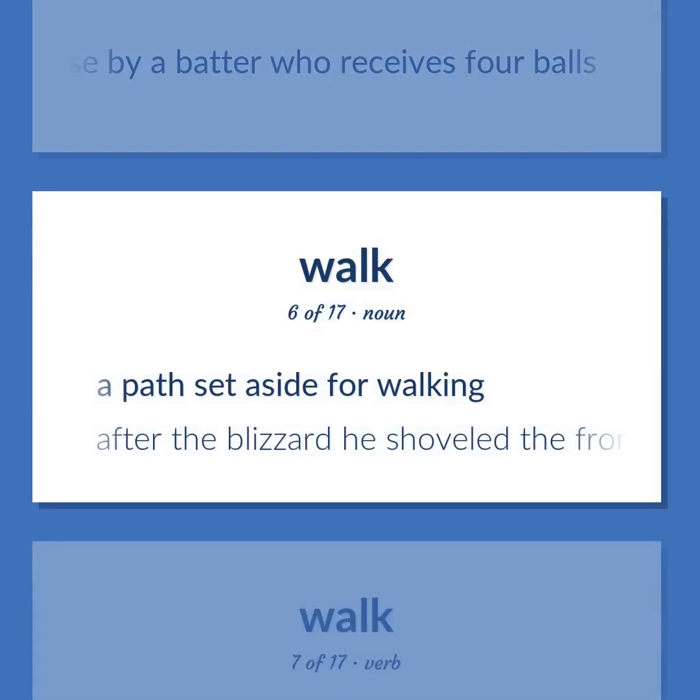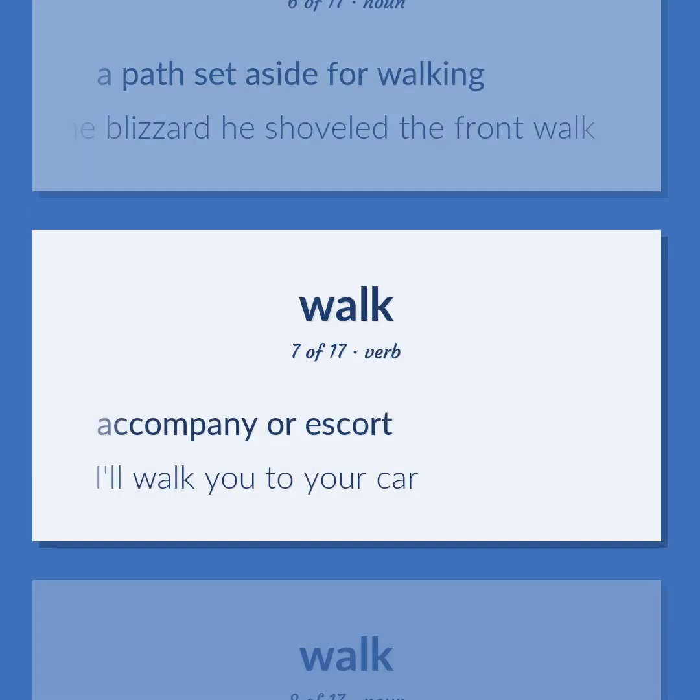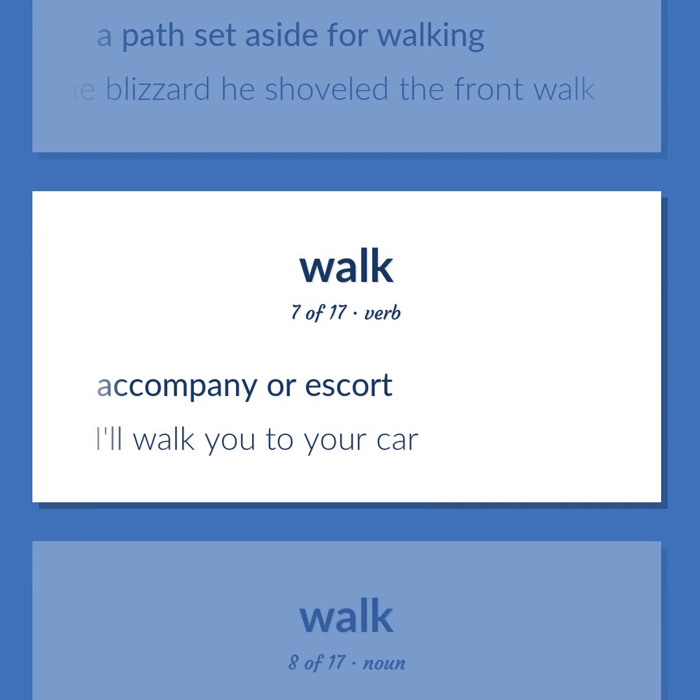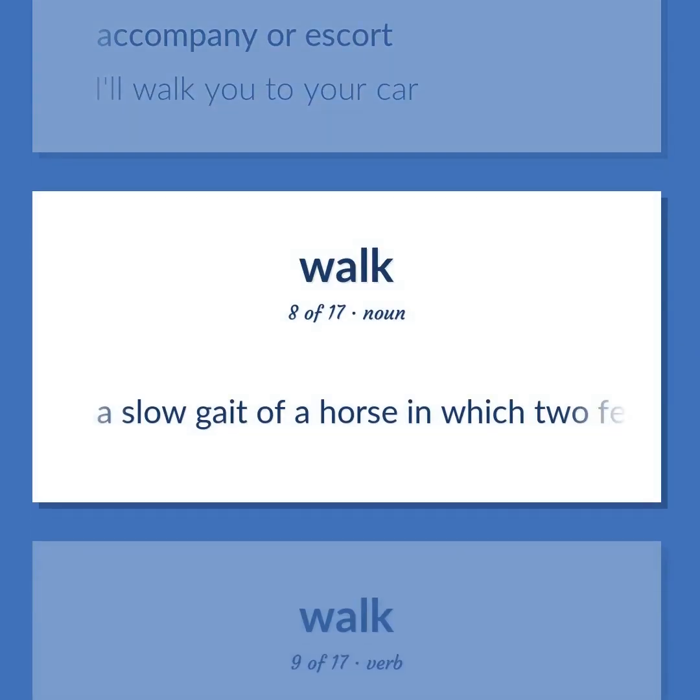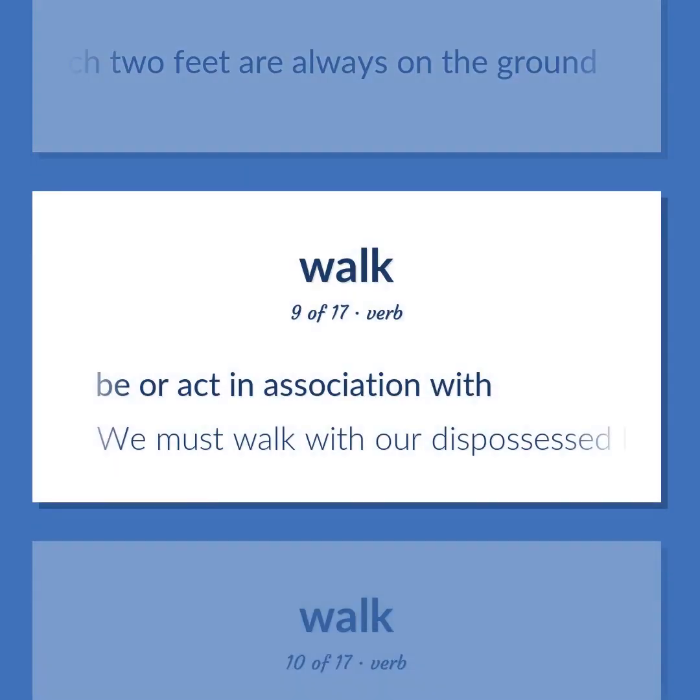A path set aside for walking. After the blizzard, he shoveled the front walk. Accompany or escort. I'll walk you to your car. A slow gait of a horse in which 2 feet are always on the ground. Be or act in association with.